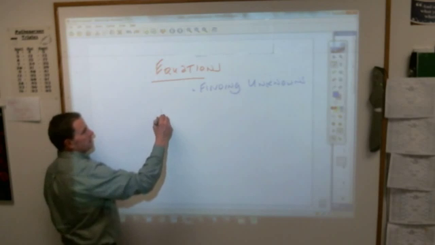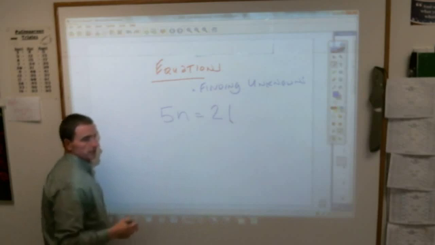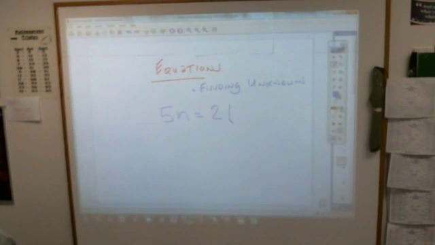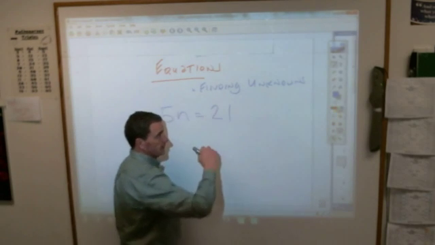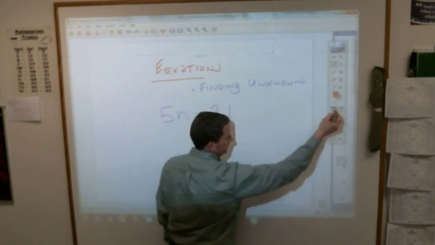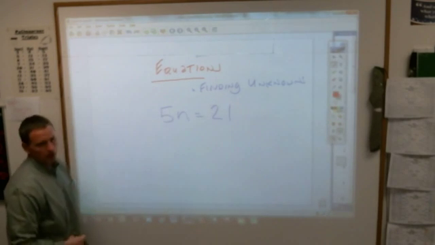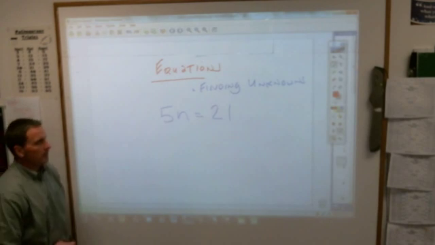Here's the problem: 5n equals 21. First things first, what this really means is 5 times what number is 21? Which would be a lot easier to figure out if it just said 5 times what number is 20, because obviously that's 4, but it doesn't.